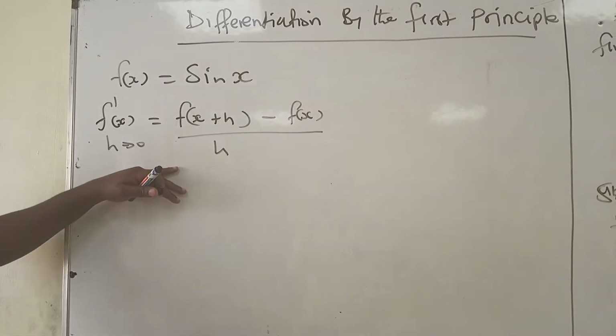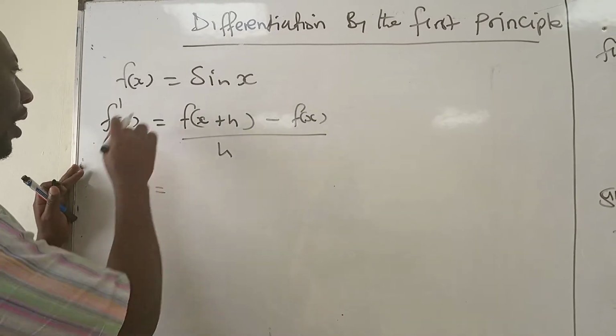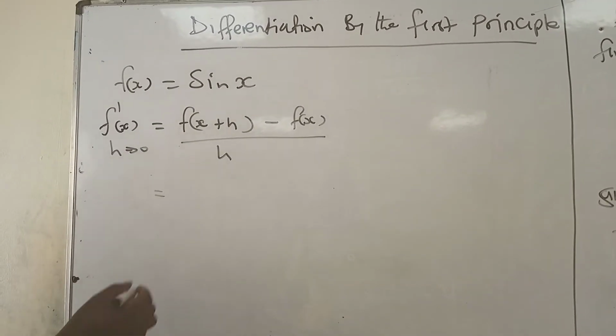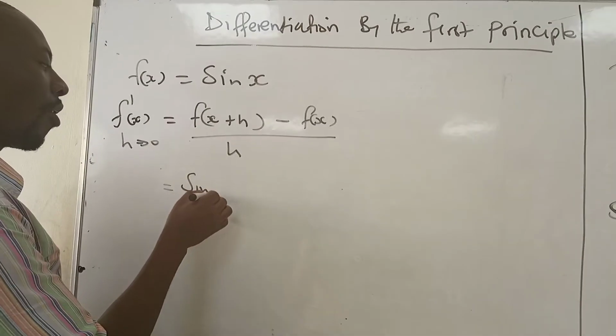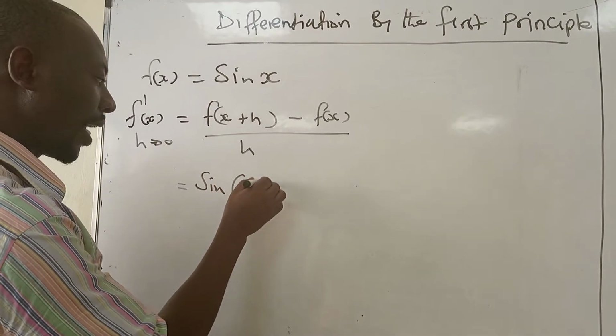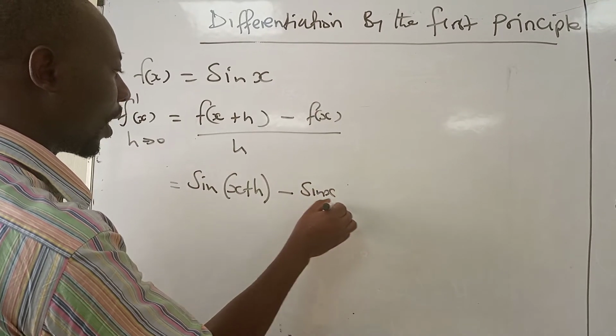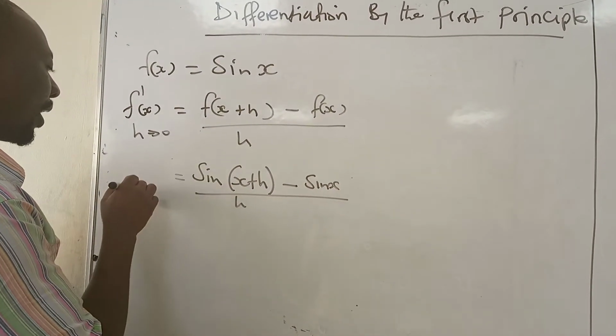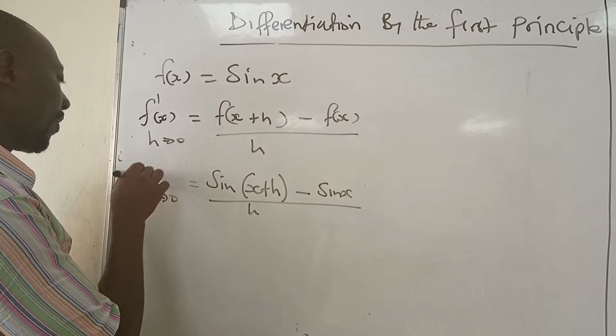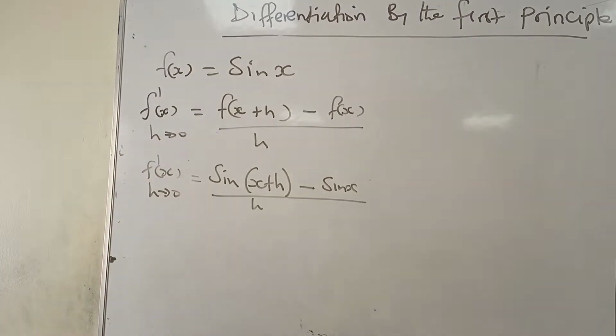So this is the formula for the first principle. Let's replace here so that we can get the derivative. We shall have sine of x plus h minus sine of x, everything over h. When h approaches 0, it will give us the derivative of that function.